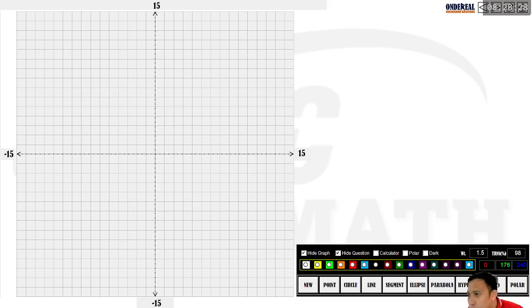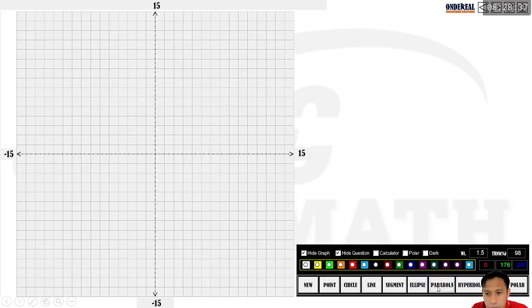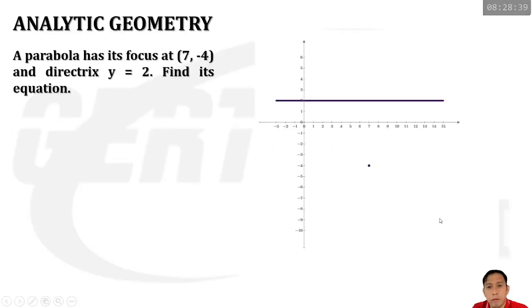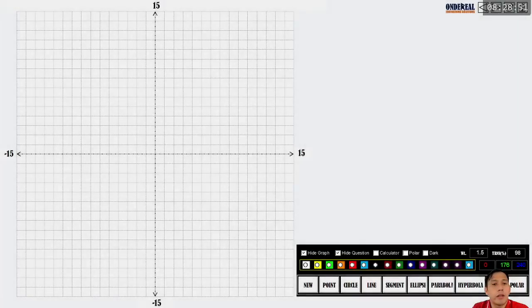Okay. So, pwede rin ito. Ipakita ko sa inyo. Parabola. What's the matter with my graphing tool? The vertex is at (0, 2).